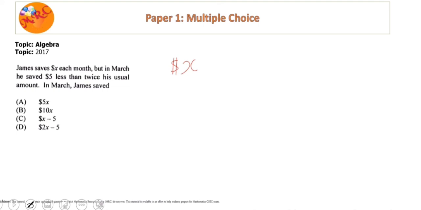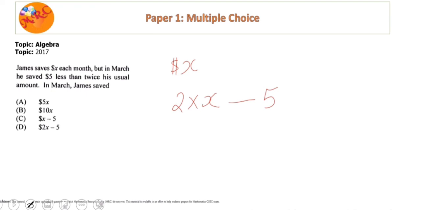So it is $5 less than twice his usual amount. So that means he saved twice his usual amount, so that is 2 times x, less 5. You see that happening?